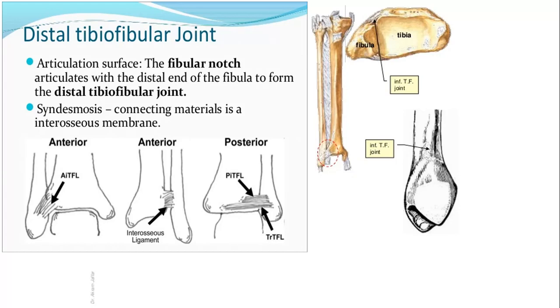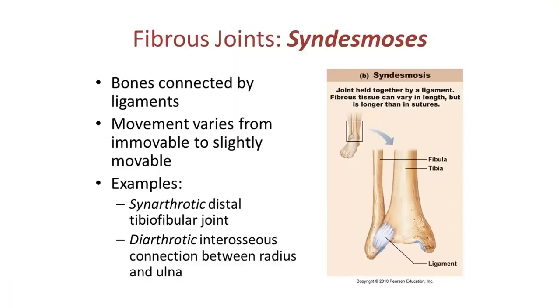Movements, obviously, almost no movement occurs, or very slight movement, as you can see, only they separate apart and come closer together. So we have fulfilled the requirement of understanding the joint.